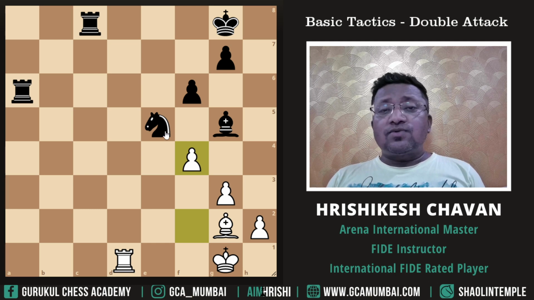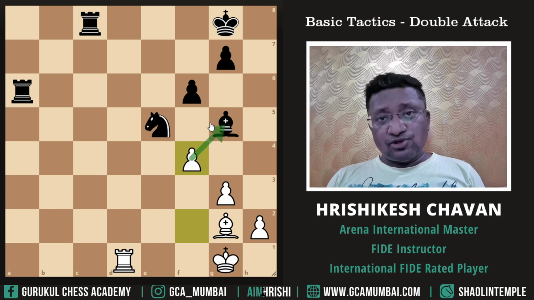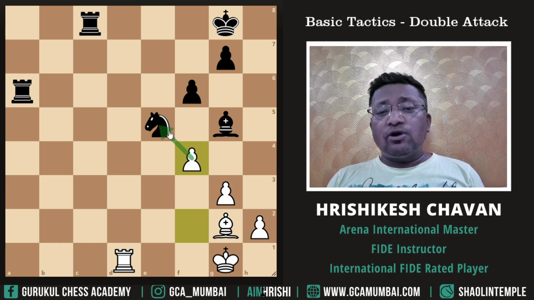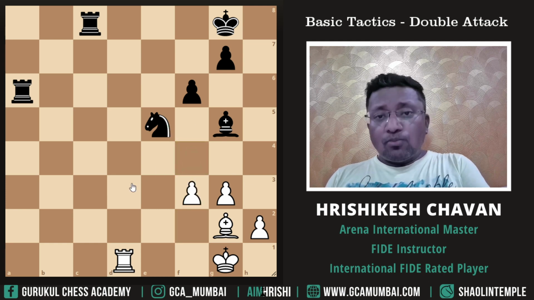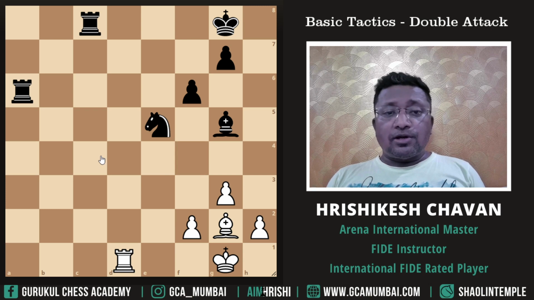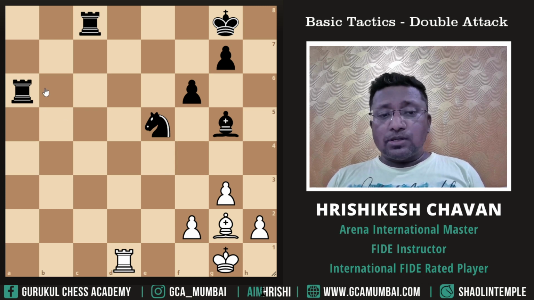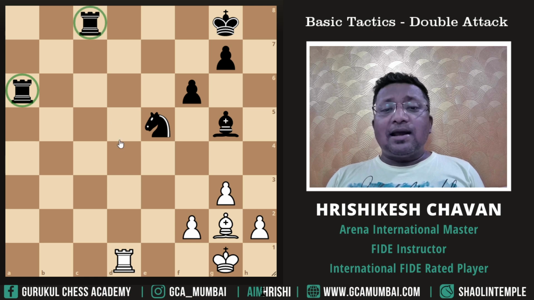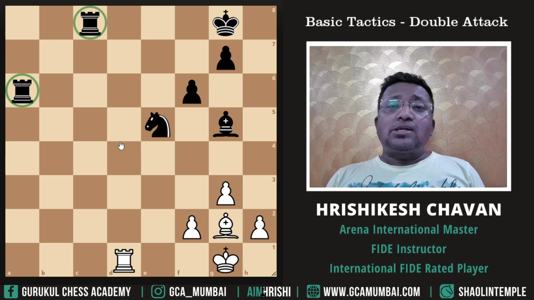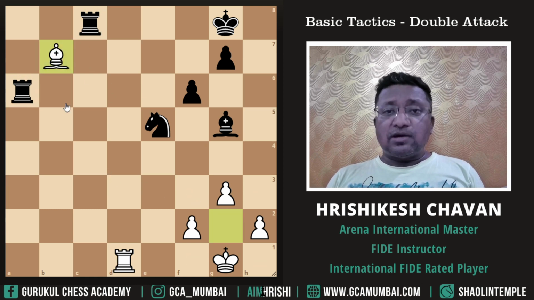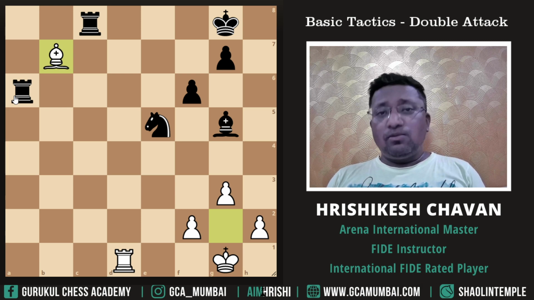Now, if black saves the knight, we are going to capture the bishop, and if he saves the bishop, then we are going to capture the knight. There is one more move which we can play over here, again with the same targets, that is more valuable pieces. Both the rooks are hanging right now, and both the rooks are more valuable than this bishop. So we are going to play bishop b7, and here black can save both the rooks in one move.